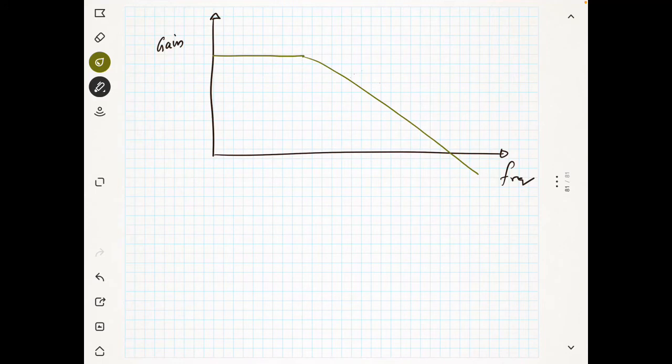This is my upper cutoff frequency and this is my lower cutoff frequency, both in open loop. This is my open loop mid-range gain, given as AOL divided by square root of 1 plus f square by FCU square. So this is my formula.